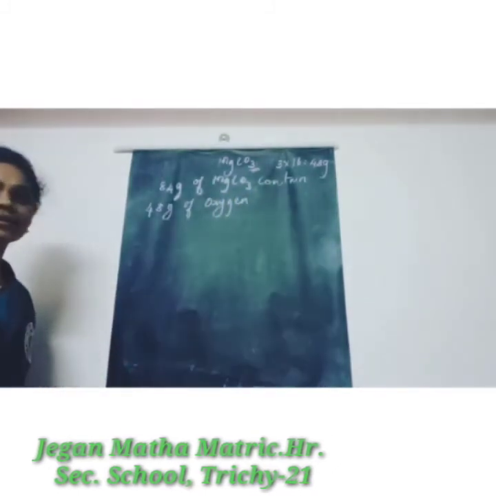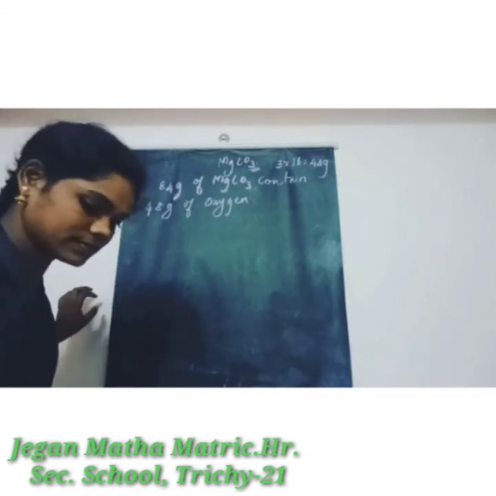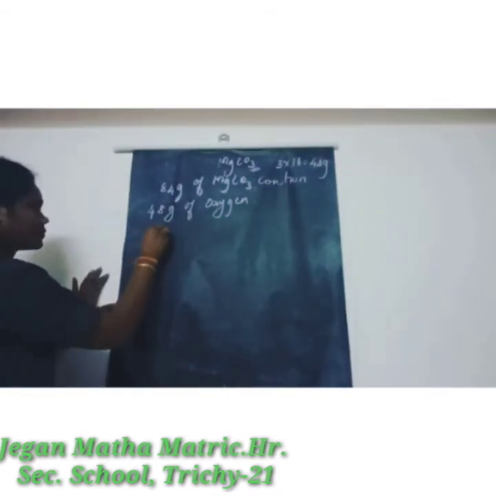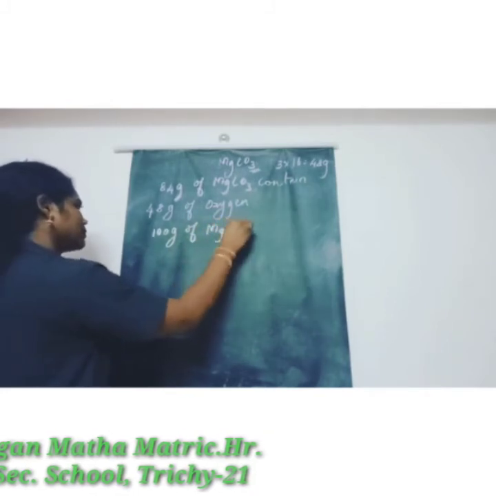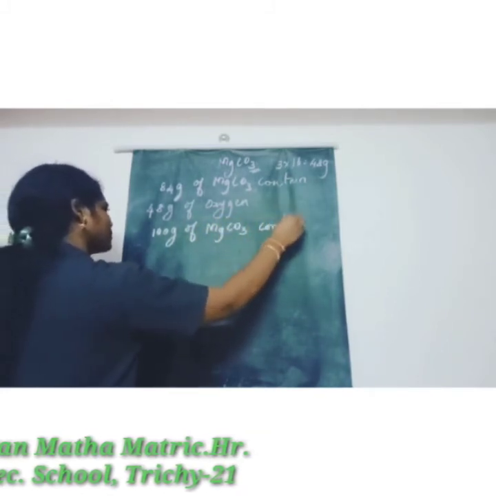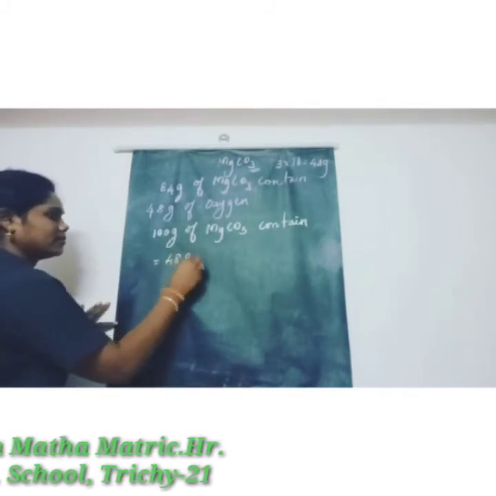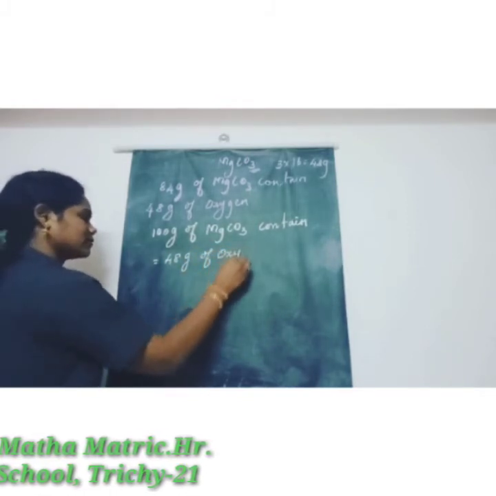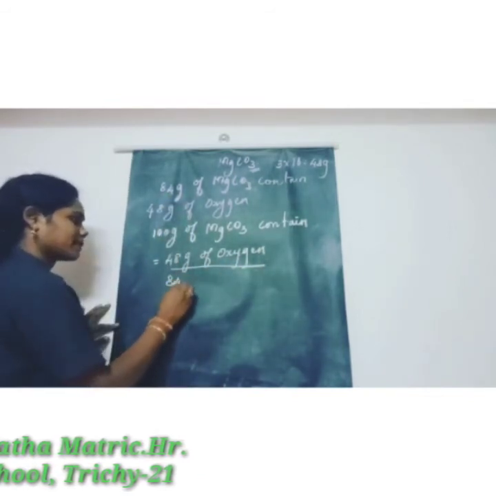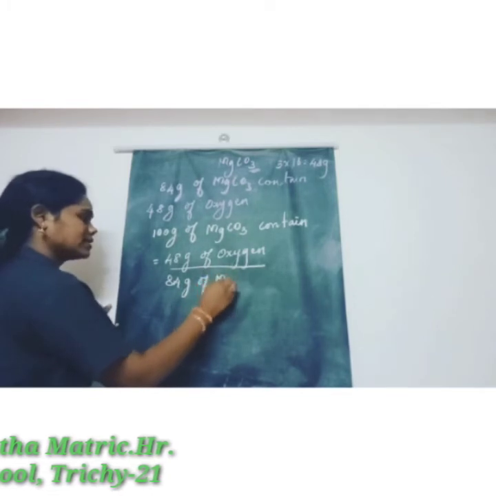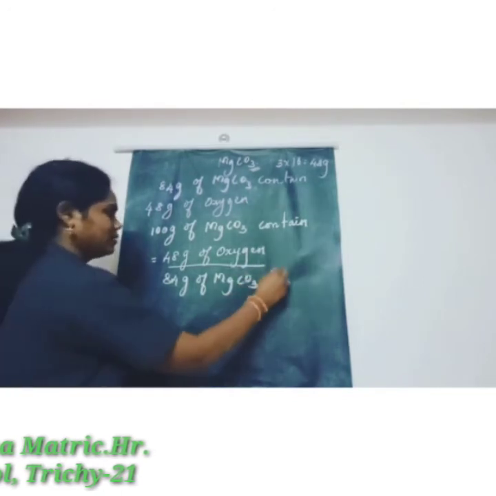We want 100 gram of magnesium carbonate, so 48 gram of oxygen divided by 84 gram of magnesium carbonate, converted into 100 gram of magnesium carbonate.